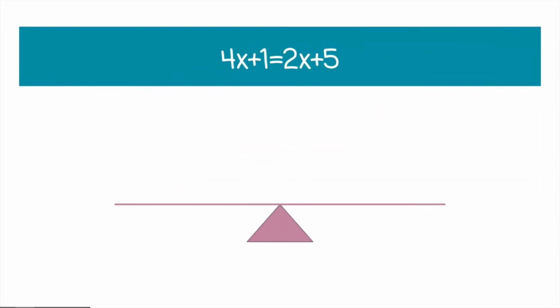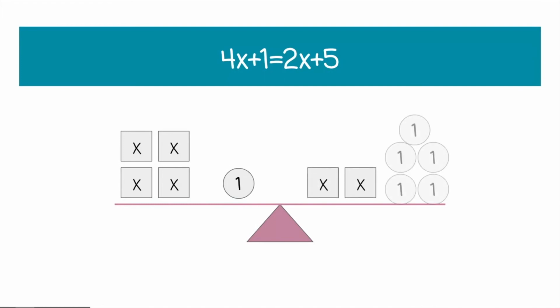In our last couple examples, we're going to look at problems that have variables on both sides. Let's first look at a simple problem using pictures. If we have 4x plus 1 on the left side of my equation, and 2x plus 5 on the right-hand side of my equation, I want to keep this balanced. I'm going to do that by looking at what's the same on both sides, and crossing off similar items.